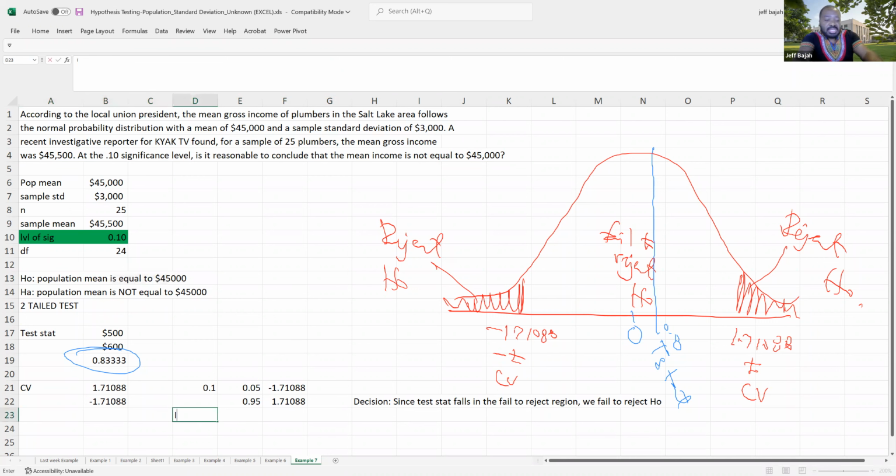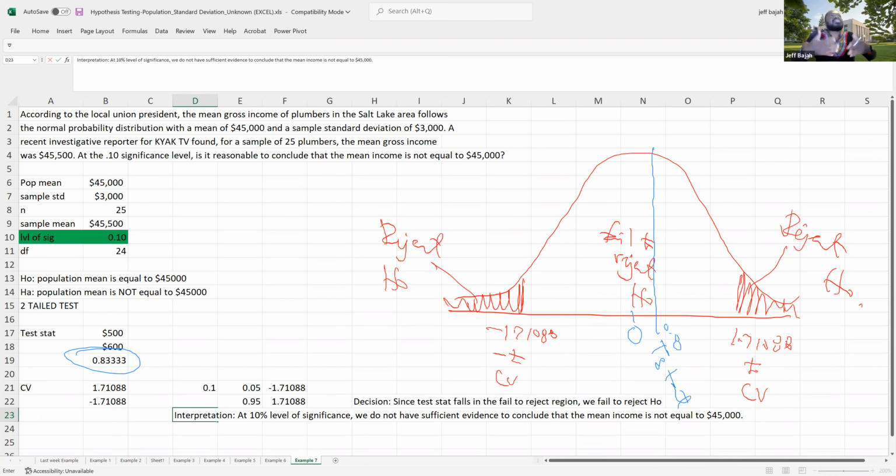So what's going to be our interpretation? We'll now say at the 10% level of significance, we do not have sufficient evidence to conclude that the mean income is not equal to 45.